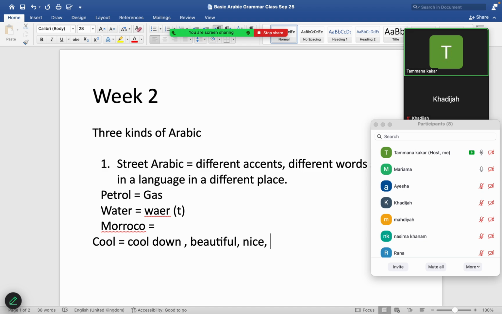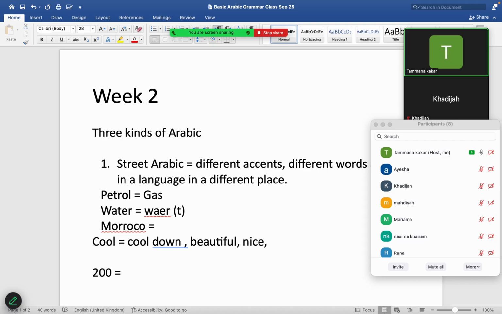But if you go back 200 years ago in Britain, if somebody said it's cool, what did they mean? It meant cold. We are talking about weather. But nowadays, cool can mean so many things. For example, somebody gets married.